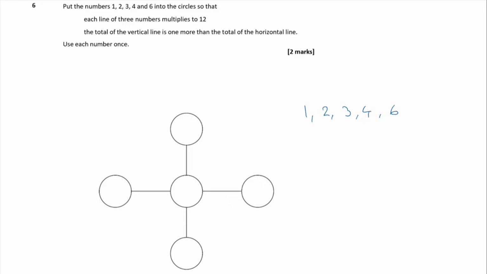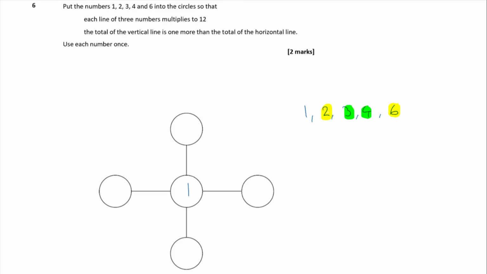And looking through those numbers, I can see 2 times 6 makes 12, and 3 times 4 makes 12, and 1 is the one left over. So if I put 1 in the middle, and then I put the 2 and the 6 somewhere, and the 3 and the 4 somewhere, then hopefully that works.